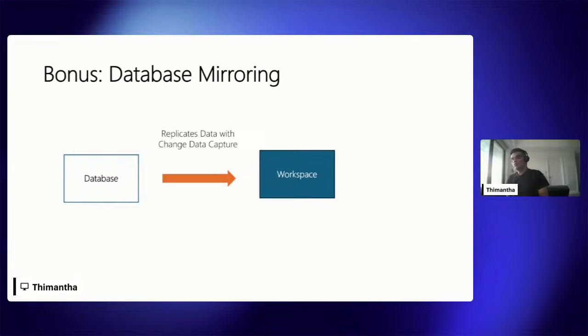Whenever there is a change in the source database, the replica residing in the workspace is going to identify that change through change data capture and bring that change into the mirrored database, the replica of the database that is residing in the workspace. So that is another option in this case.